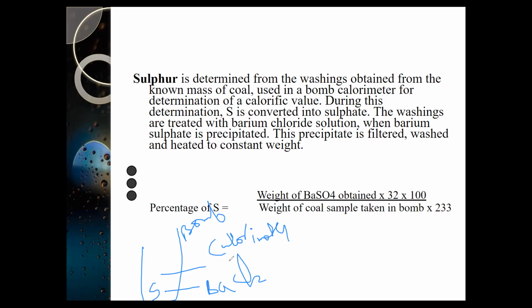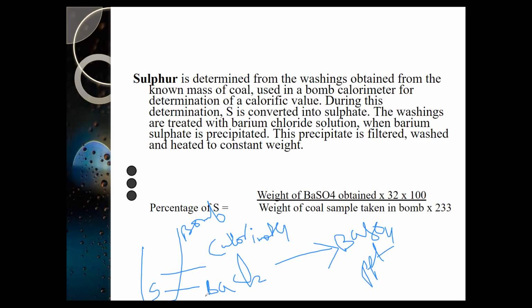The remaining elements do not react with barium chloride, but the sulfur does. So the sulfur in the coal sample reacts with the barium chloride and is converted to barium sulfate precipitate.